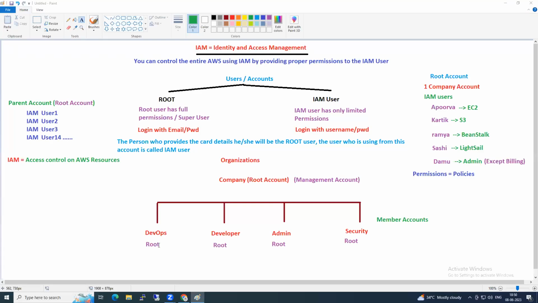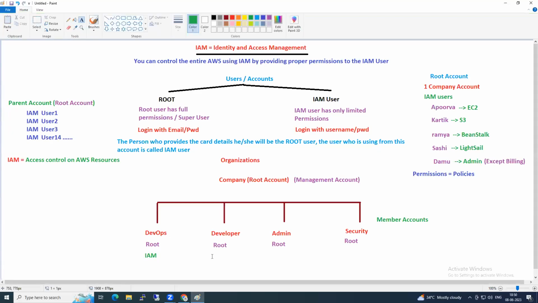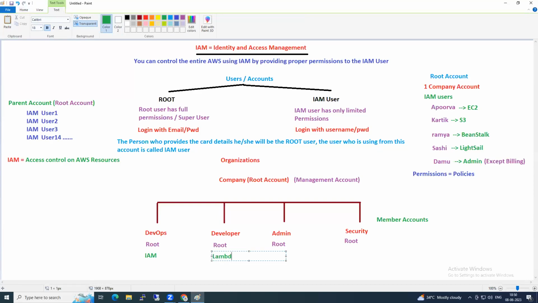Now tell me, even though DevOps has a root account, from a management account, can I control it, saying that, hey, you should have access only to IAM? I can control it because they are in my organization. Even though they have the root account, I can control that root account by giving only certain policies. For developers, I'll give access to only Lambda.